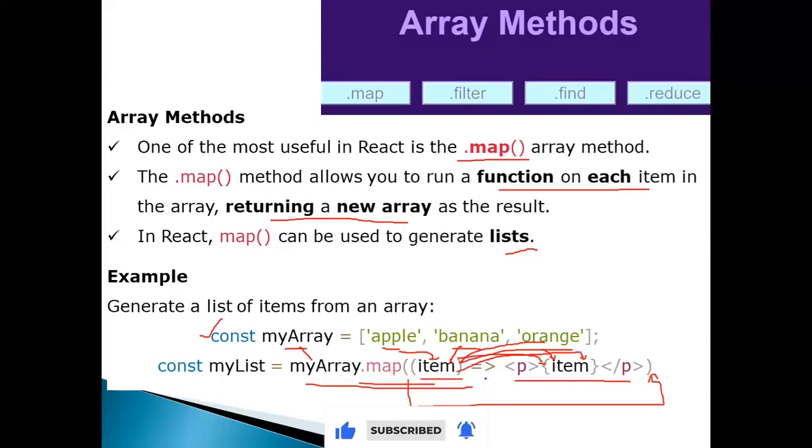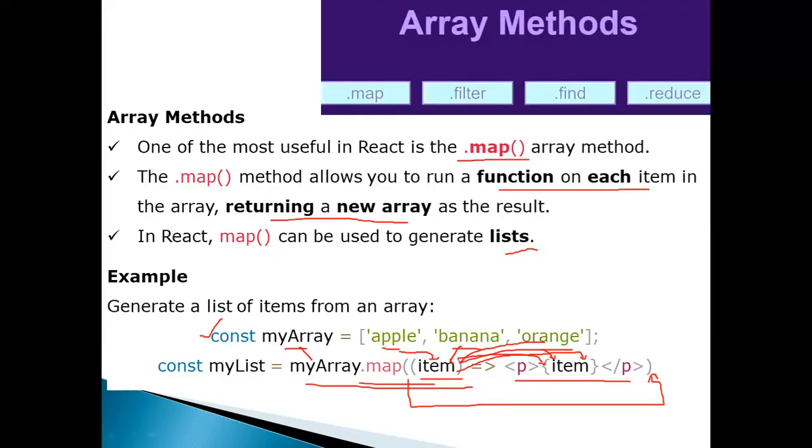So inside we use an arrow function: item is the parameter, then the arrow, and we send each item to this set of instructions for the HTML element. The purpose of map is that each item of the array is mapped to this code. That instruction may be script code or HTML code, whatever we assign. That is the purpose of map.